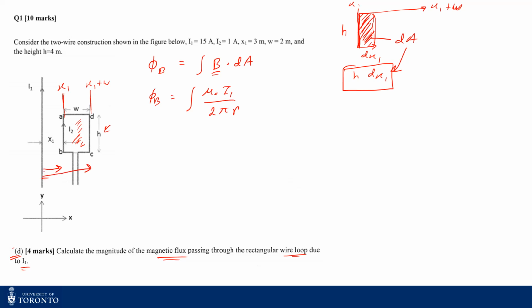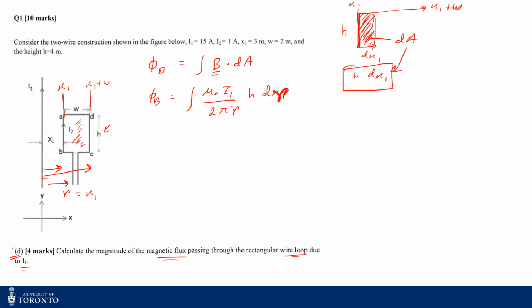So this is the integral limit, and this is h dx1. Since I'm considering this as the r direction, which is equal to the x1 direction, I can just write this as dr.